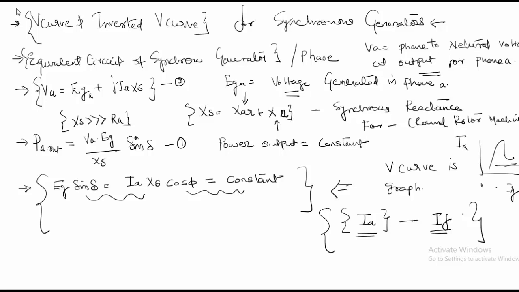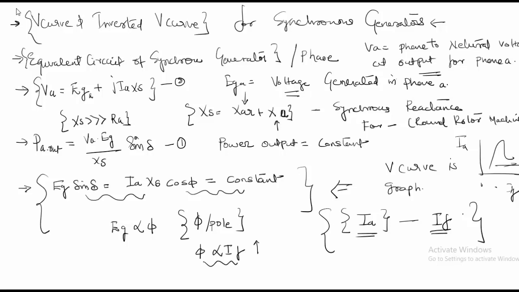Again, from the equation of the EMF, it can be said that EG is directly proportional to my flux per pole. If I have a round rotor machine, then the flux per pole is directly proportional to my IF, the field current.